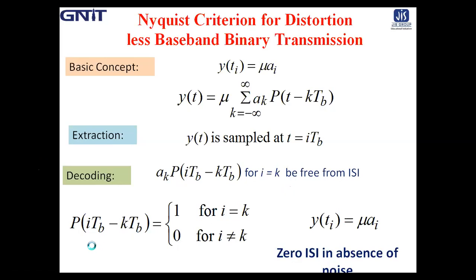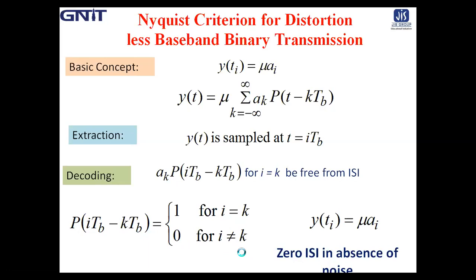That means p(iT_b − kT_b) is 1 when i equal to k, and it is 0 for i not equal to k.